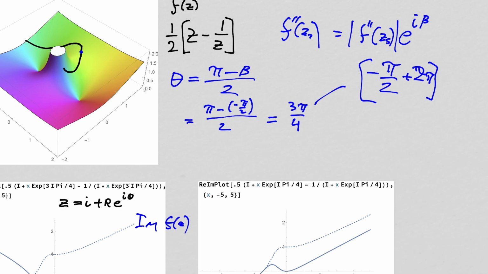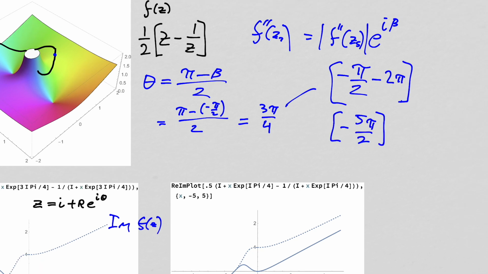well, actually, it'd be minus pi over 2 minus 2 pi, right? Let me get this right. So now we choose it to be minus pi over 2 minus 2 pi, which ends up meaning that beta is now minus 5 pi over 2. And if you plug it into this formula at minus 5 pi over 2, you end up with pi over 4, right? Yeah, I think so.